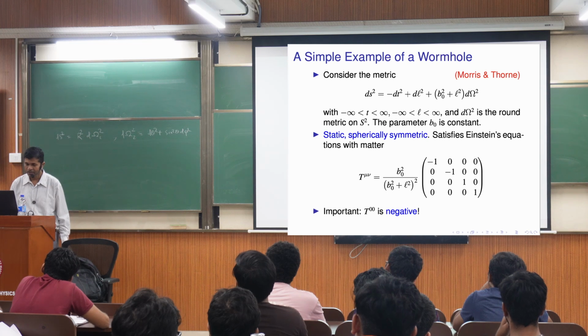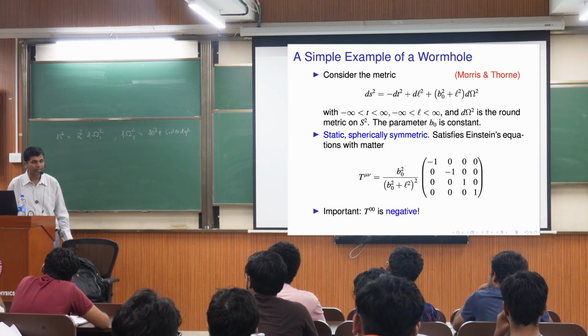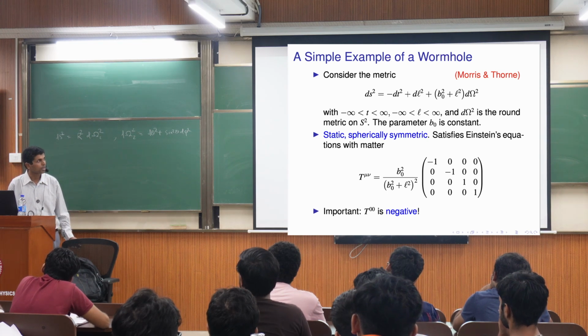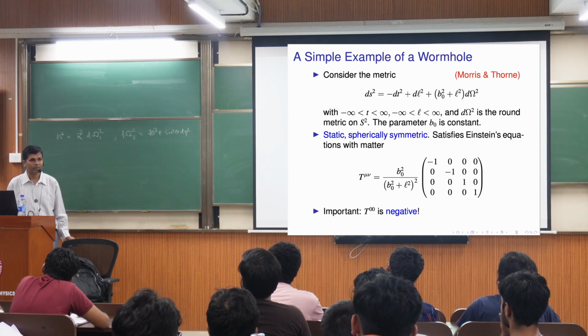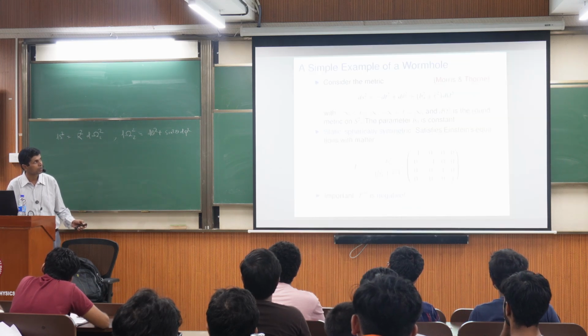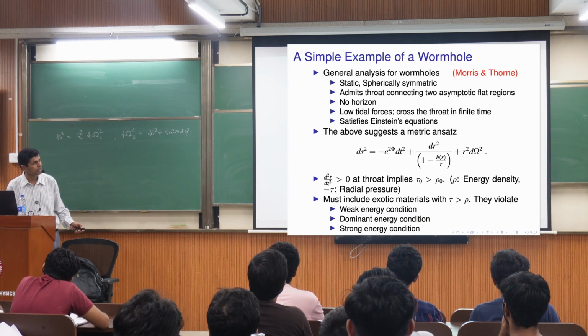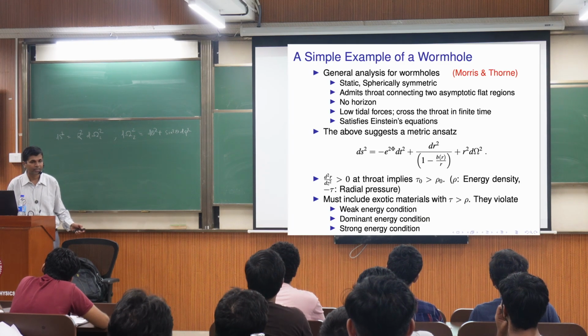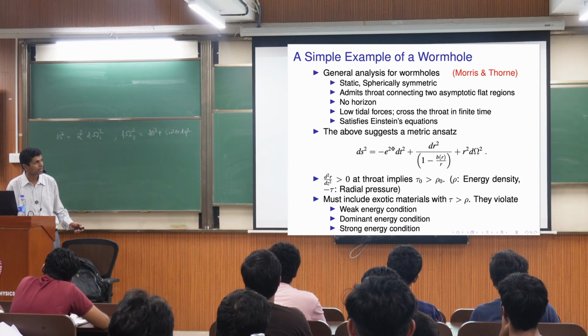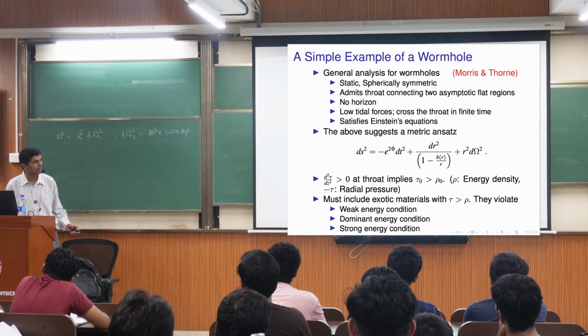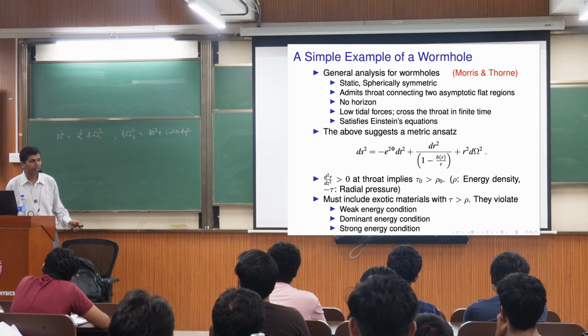No such matter is known to exist in the universe. Therefore, you cannot have a traversable wormhole. This is just a particular example, but these people have considered more general answers, and they have shown that only in the presence of exotic matter can the wormhole be traversable.